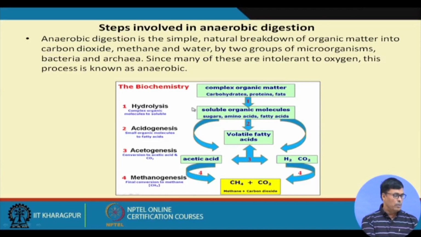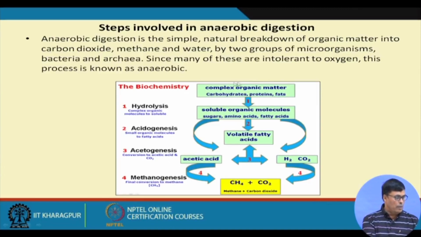I told you hydrolysis takes place when a water molecule is involved in the reaction. It produces sugars, amino acids, and fatty acids, and it passes through acidogenesis, through which they produce volatile fatty acids, and these volatile fatty acids are again converted to acetic acid, hydrogen and carbon dioxide, and through methanogenesis they are converted to methane and carbon dioxide.